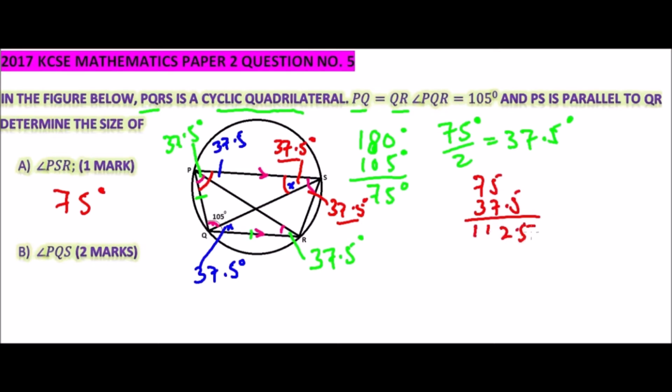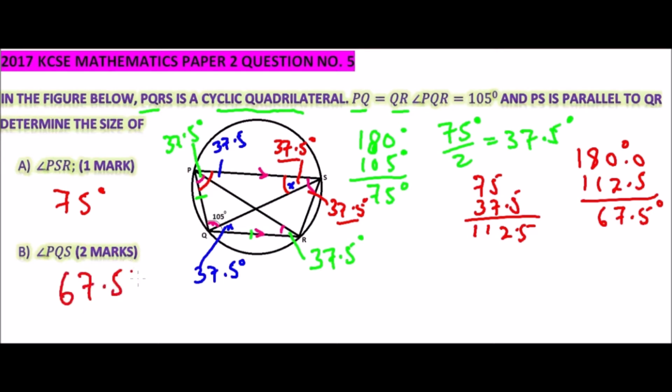Then we subtract that from 180 degrees. We get 67.5 degrees. That means that angle PQS is 67.5 degrees. So that's how you work out that question.